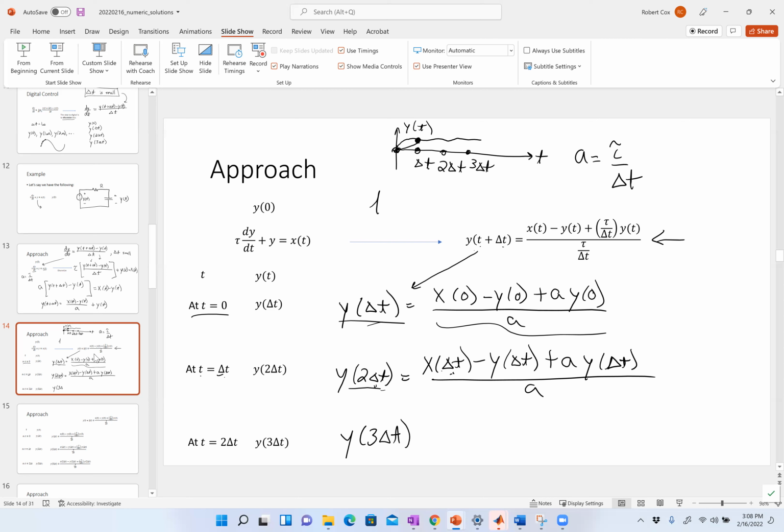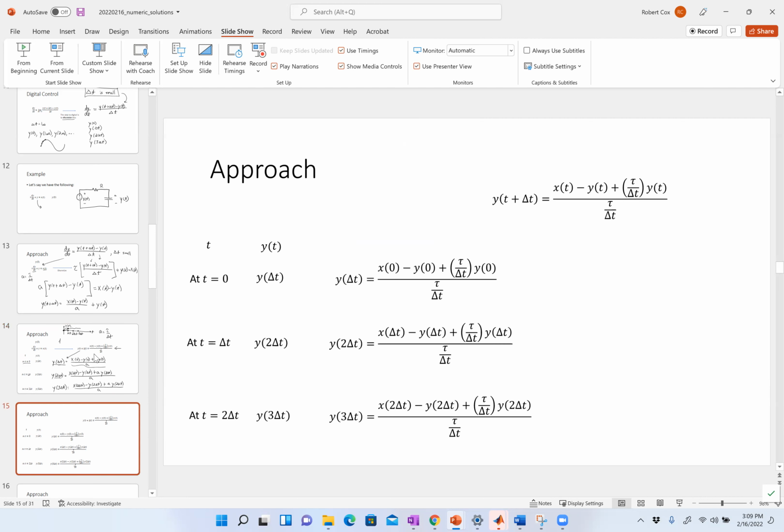I'm going to predict the value at 3 delta t based on the 2 delta t value. So I'm going to have x of 2 delta t minus y of 2 delta t plus a times y of 2 delta t, all divided by a.